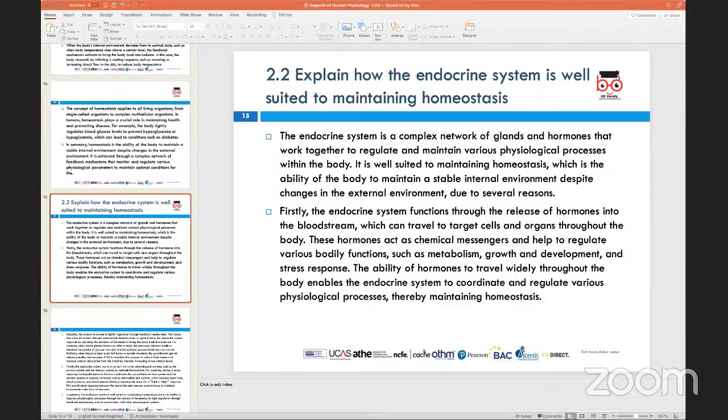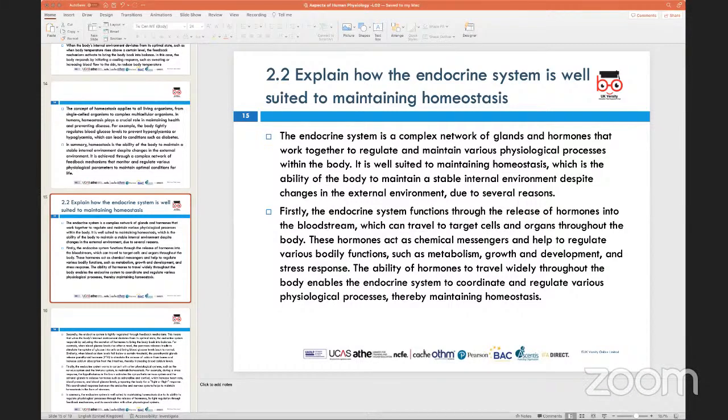And obviously, the idea here would be to explain how the endocrine system, essentially, what it is composed of, and how it is suited to run the process of homeostasis. Where does it help in the running of the process of homeostasis? So homeostasis is a process which is controlled by endocrine glands because they secrete what are called hormones.